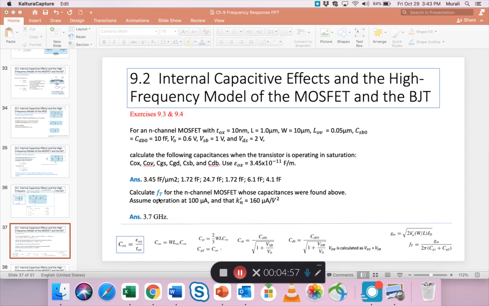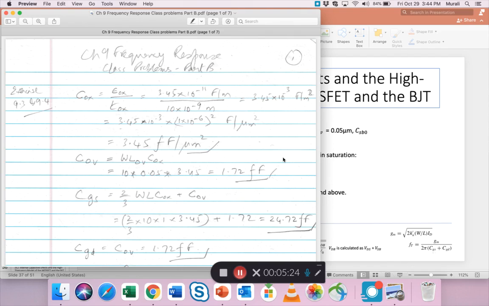So that unity gain frequency is given by this formula, FT equals gm by 2 pi times these two capacitances, and gm you can calculate using this formula. Okay, so those are the two exercises 9.3 and 9.4.